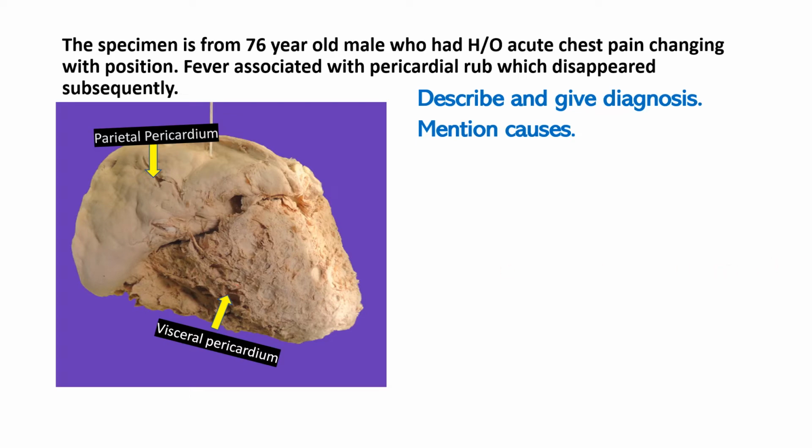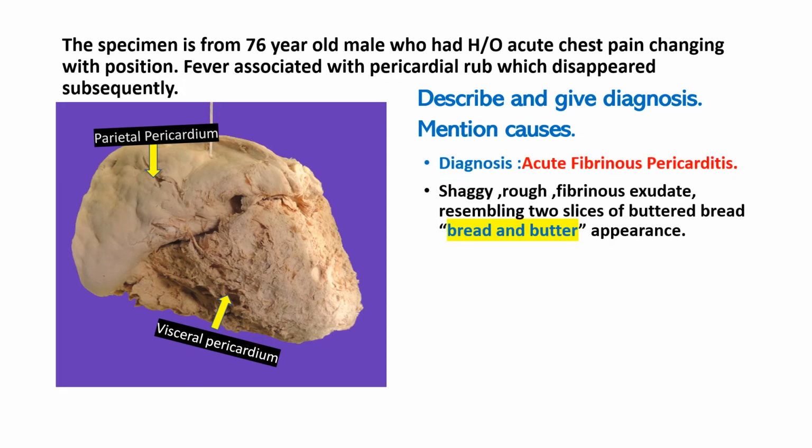So that is likened to as if you have taken two slices of bread, put butter on it and slowly separated. What will look like is this. So this is also known as bread and butter appearance.